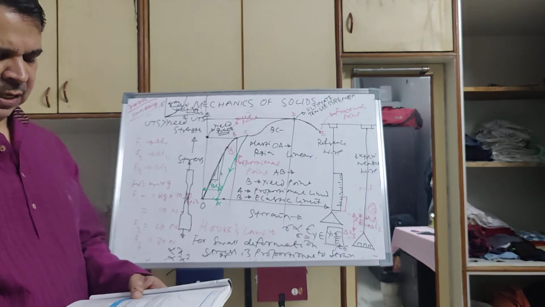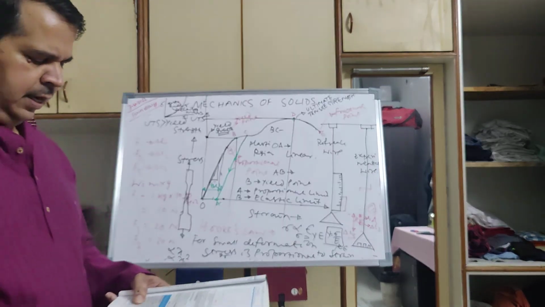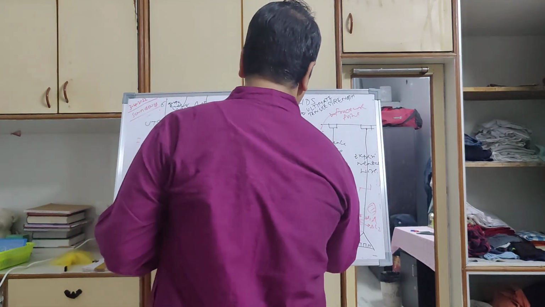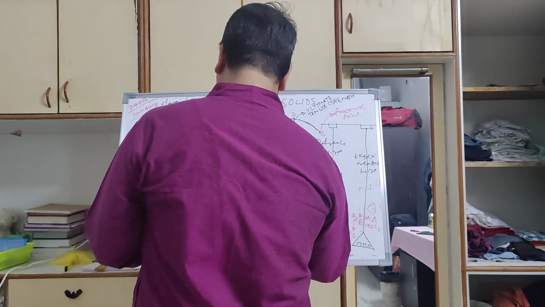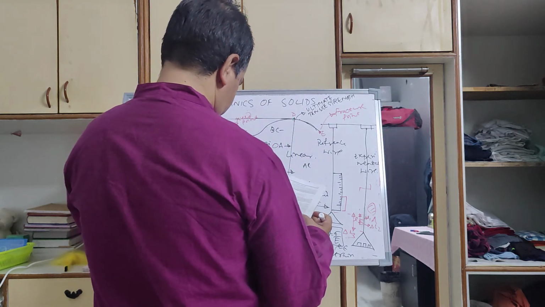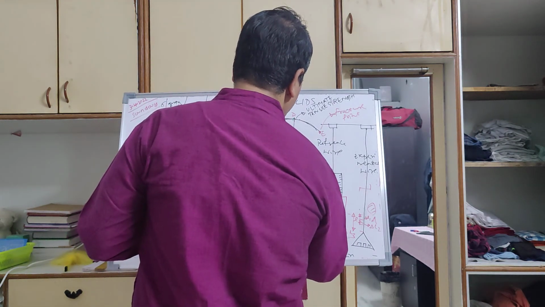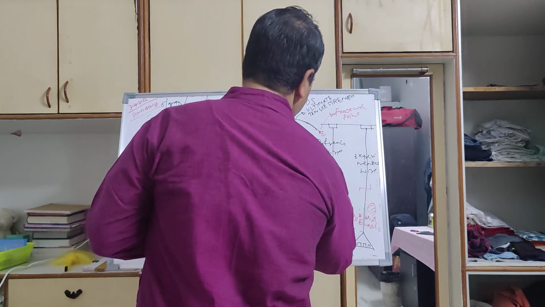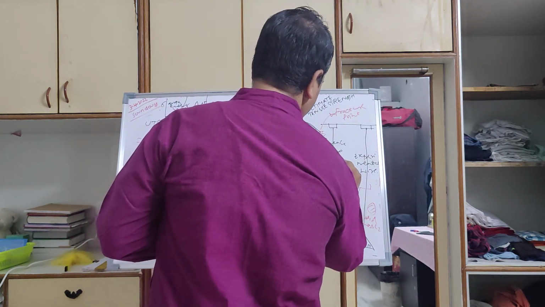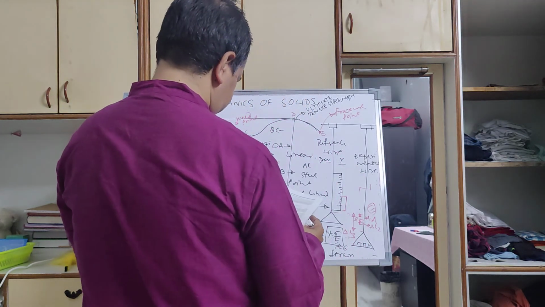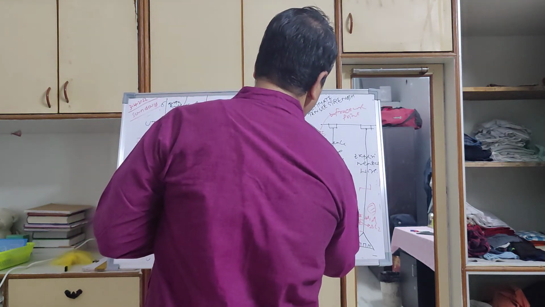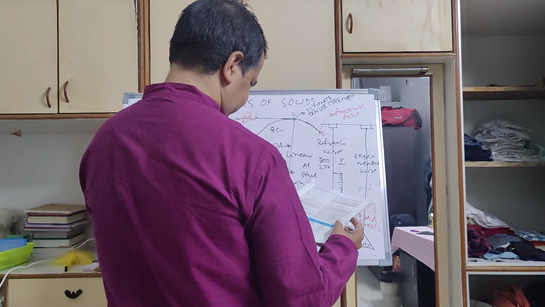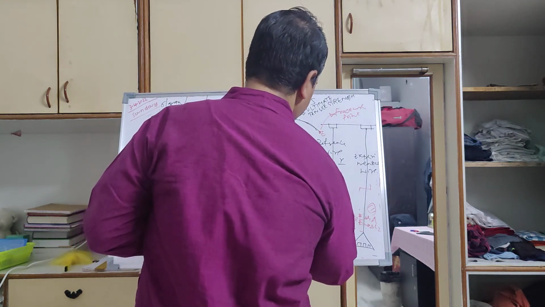In the previous class I drew the table for aluminium and steel: the density and the Young's modulus. Aluminium density is 2710 kg per meter cube, steel density is something like 7880 kg per meter cube.